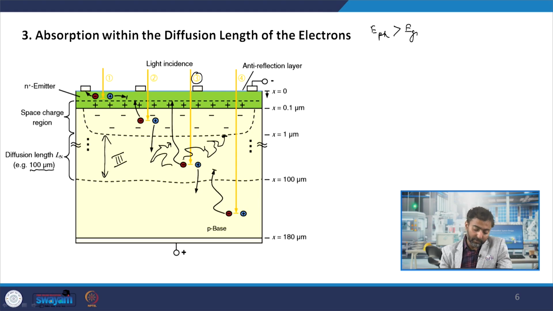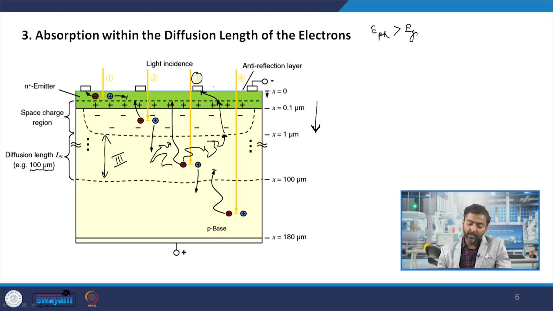And suppose by chance this electron lands up near the outer boundary of the space charge region, then the electric field which is already present in the space charge region becomes active to pull up the electron and send it to the n plus side. And once it is sucked up to the n plus side, then again it will find its way to the current collector on the top side and contribute to photocurrent in the external circuit.